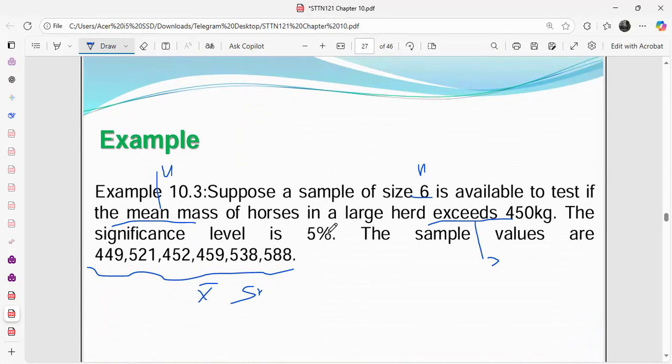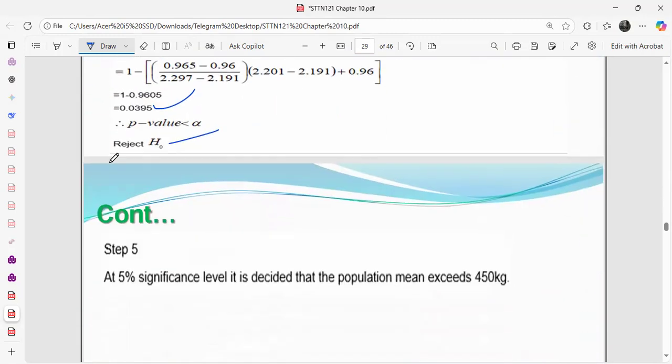They want to test if the mean mass of horses in a large herd exceeds 450. So if we said we reject, it means that at 5% level of significance, it is decided that the population mean exceeds 450. That statement will be the one for the alternative. They're accepting the alternative hypothesis statement.